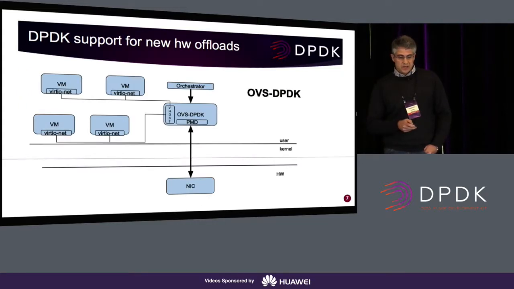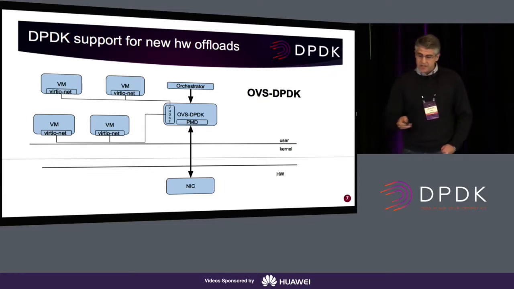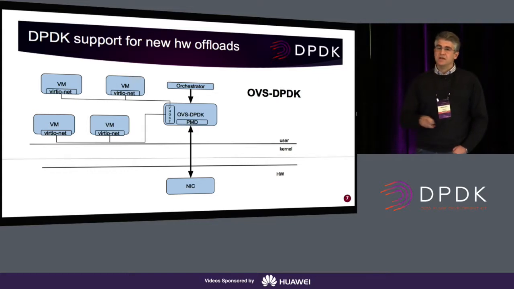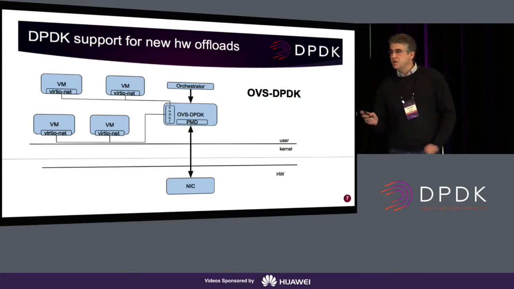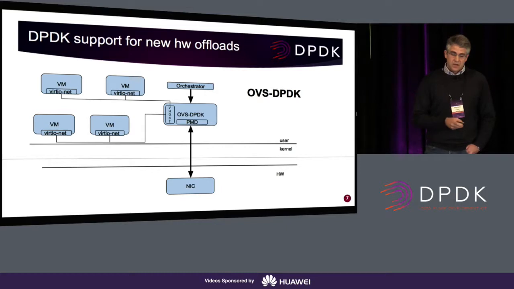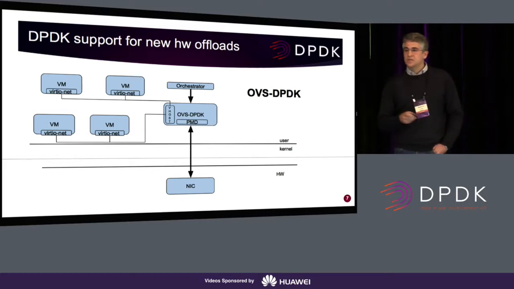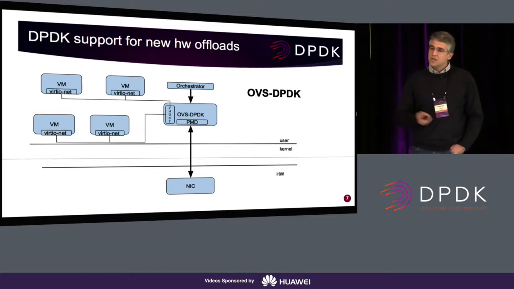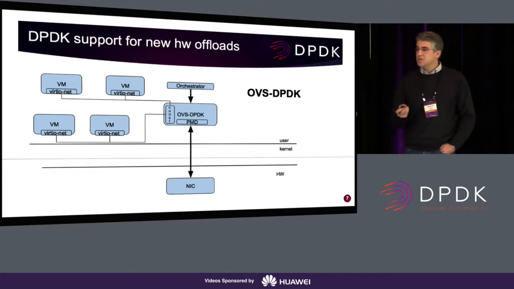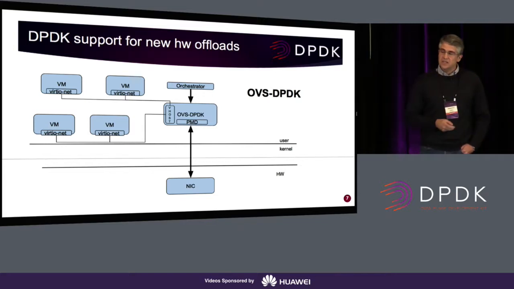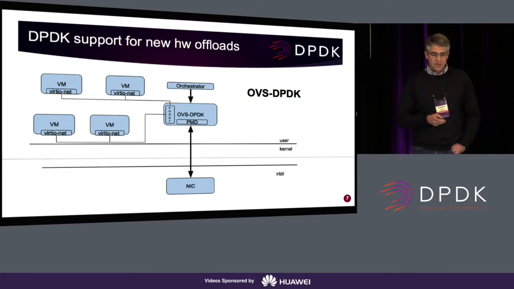So this is the OVS DPDK graph, and the main point here is to notice that the kernel is not involved at all. All is done in user space. Because of the benefits of using DPDK, we all know that this is better, and the performance tests also say that.